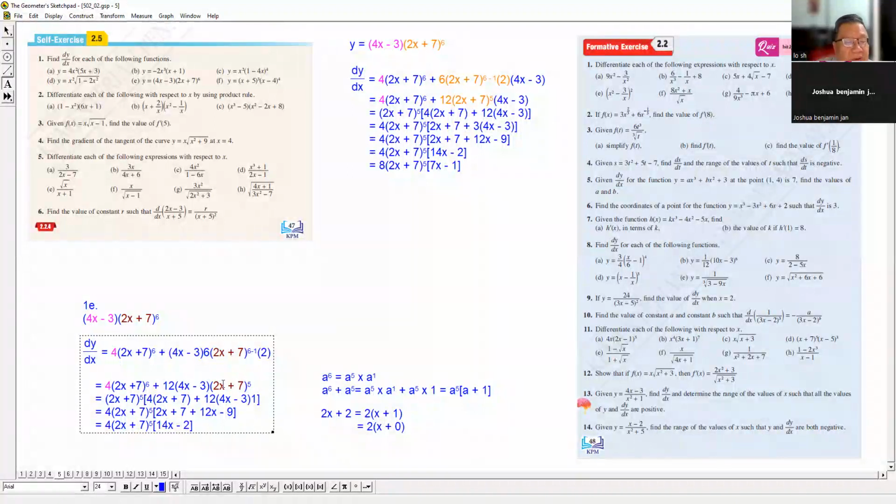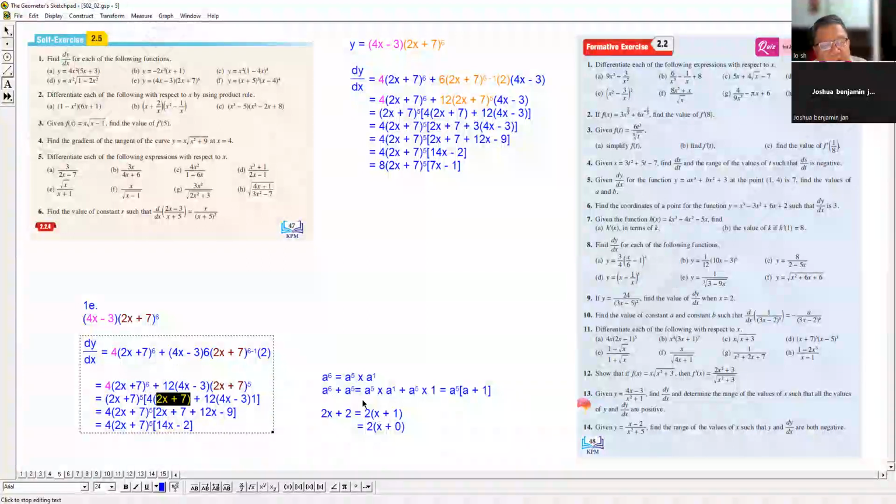The smaller one is 5. So we take out 2x plus 7 to the power of 5. Then in the bracket, what is left inside? You take out 5 apples, now only 1 apple left. From 6 apples, you are left with 1 apple.